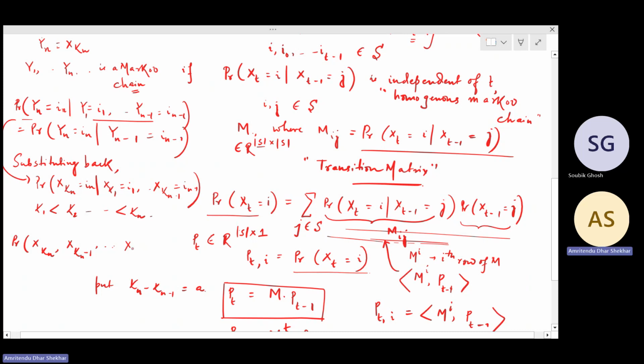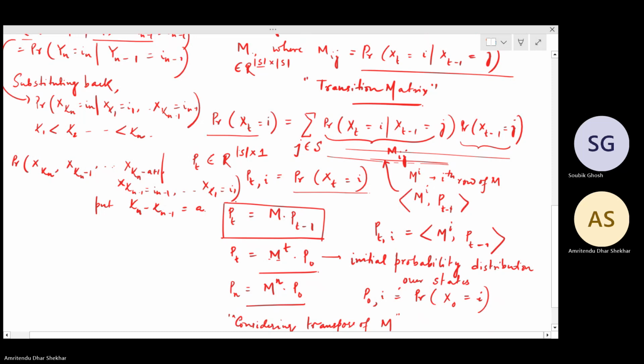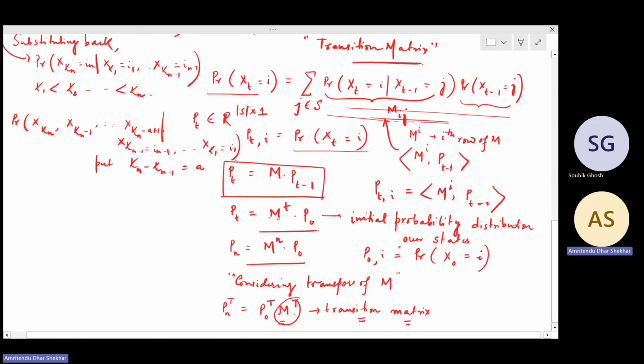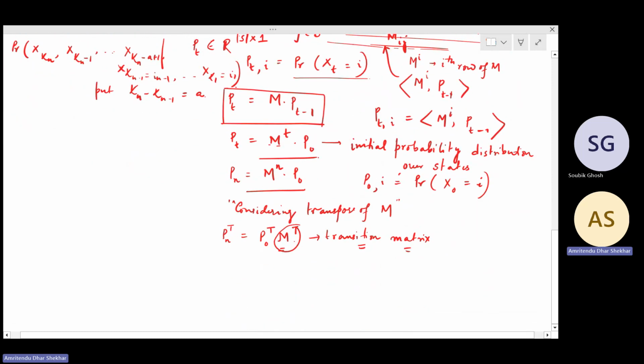So this is equal to the probability of x_kn minus a plus 1 given that x_kn minus 1 equals in minus 1, and so on. I think it's becoming a bit cluttered, so let me write it clearly.